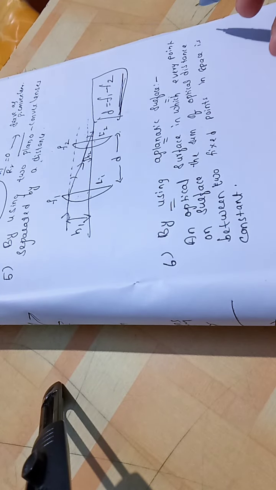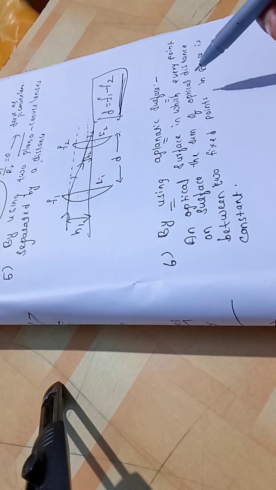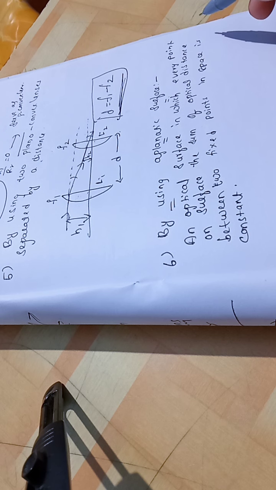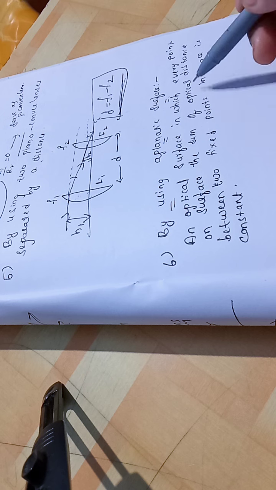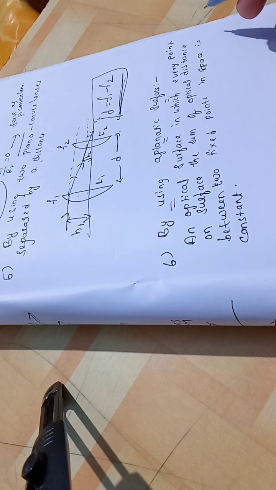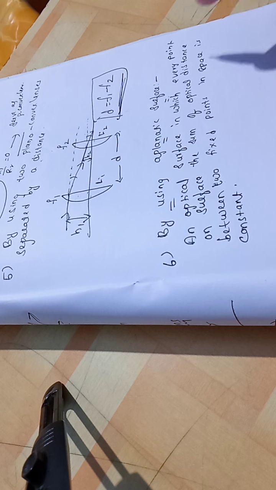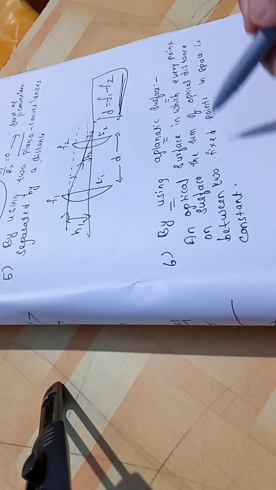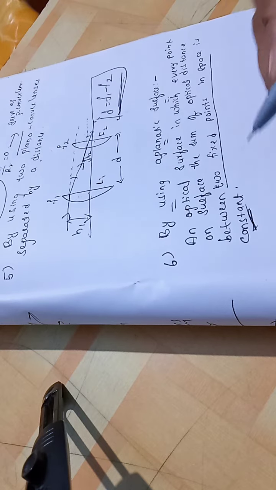Now lastly, by using an aplanatic surface. So what is an aplanatic surface? An aplanatic surface means an optical surface in which, at every point on the surface, the sum of optical distance between two fixed points in space will be constant.